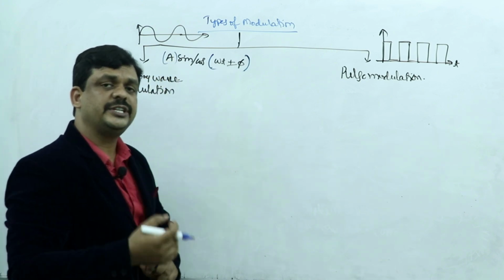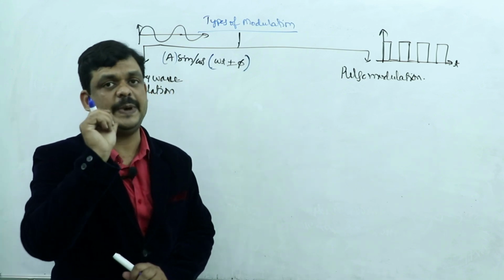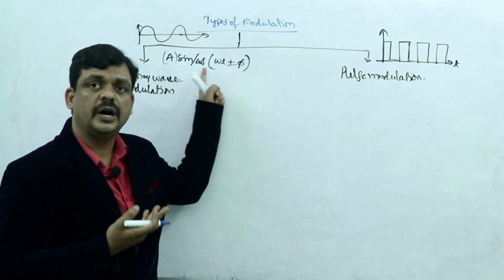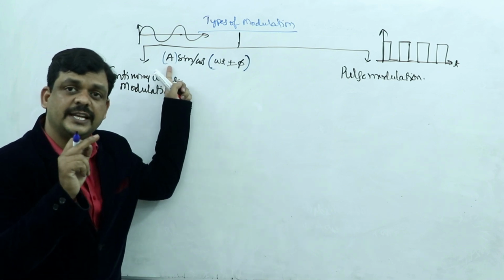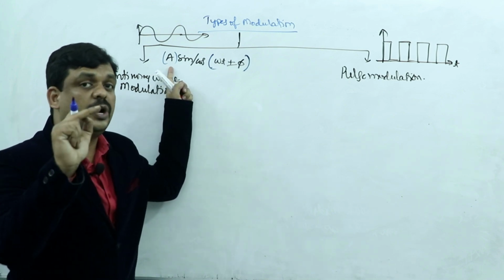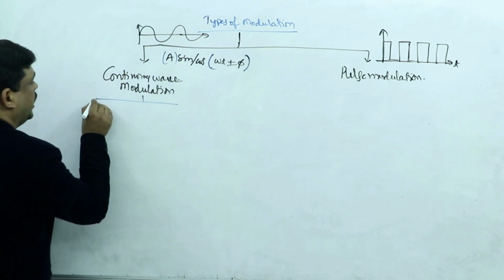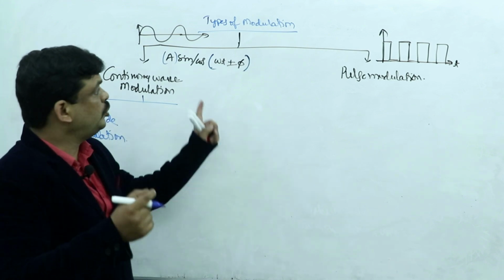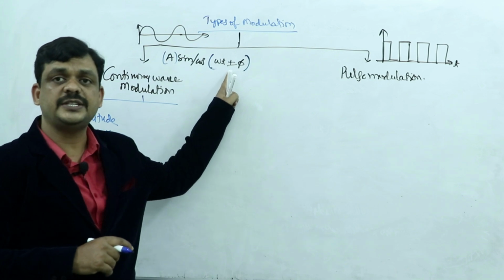According to the modulation definition, the process of changing the characteristic parameter, the characteristic parameter is either amplitude or angle. If the amplitude of the carrier signal changes with respect to the amplitude of the modulating signal, then the modulation process is called amplitude modulation. Only this parameter changes, and the other should be constant.